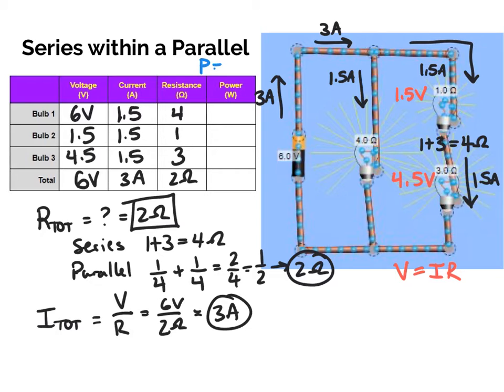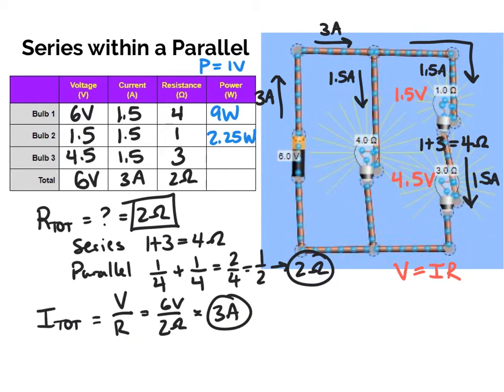To find power, I'm going to take the current times the voltage for each bulb as well as the total. So for the first one, I'm going to take the 6 volts times the 1.5 amps, and that's going to give me an overall power of 9 watts. I'm going to do the same thing here. I'm going to take 1.5 volts times 1.5 amps, and that's going to give me 2.25 watts.